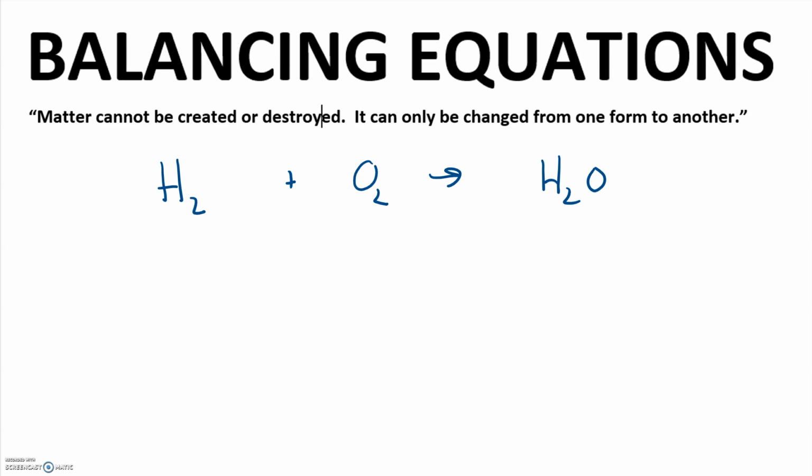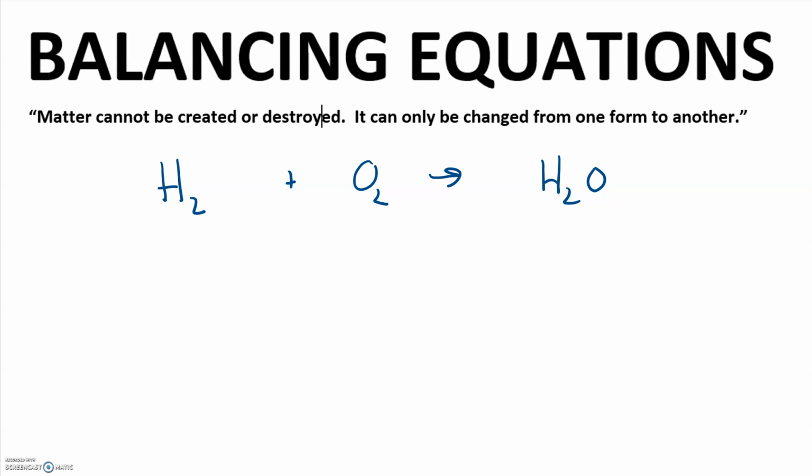So that means that when we have an equation like this for assembling our old buddy water, H2O, out of its component elements, H and O, we have to balance the equation, meaning that the same number of atoms have to appear on both sides. They can't just disappear or appear.